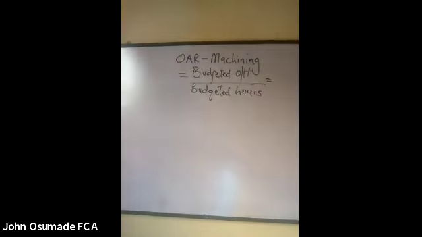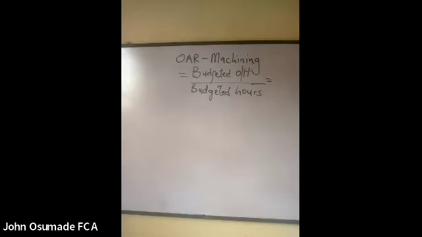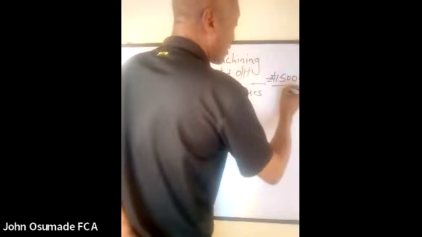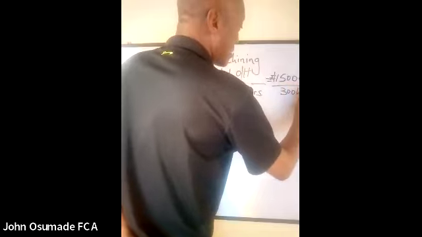So what is the budgeted overhead for machine? $15,000. Yes, ma'am. 15,000. Then what is the budgeted hours? 300. It's in that question. That's 15,000 naira over 300 hours.